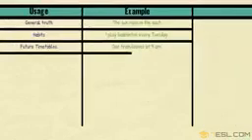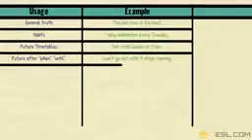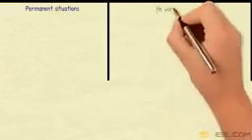Our train leaves at 9 a.m. Future after when or until. I won't go out until it stops raining. Permanent situations. He works in a bank.